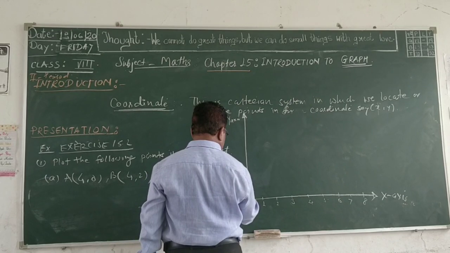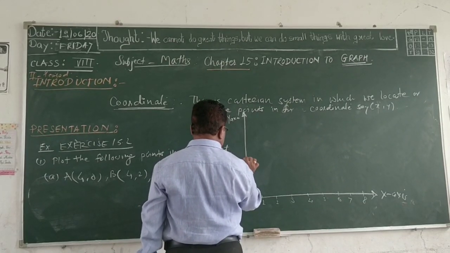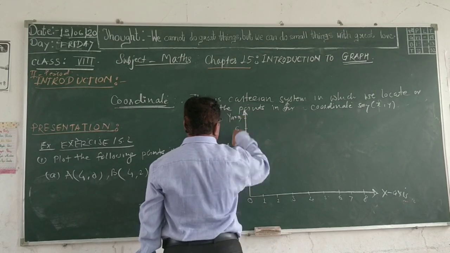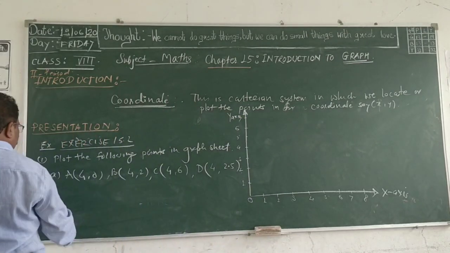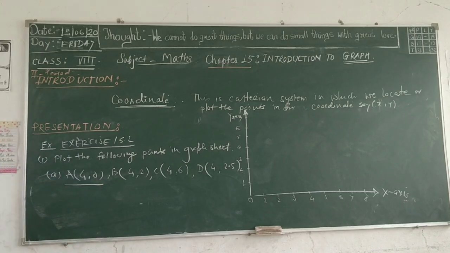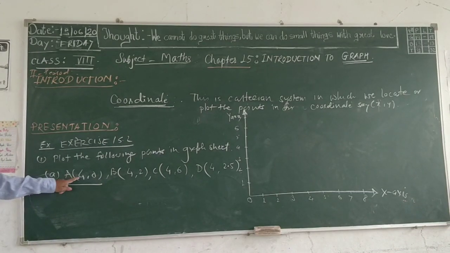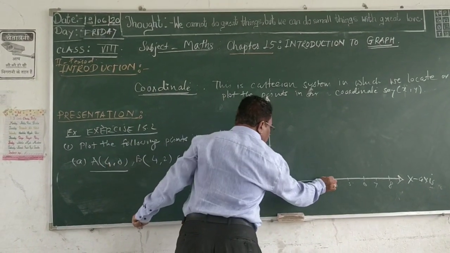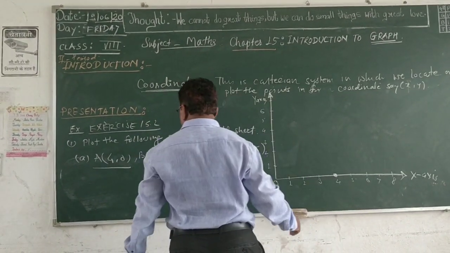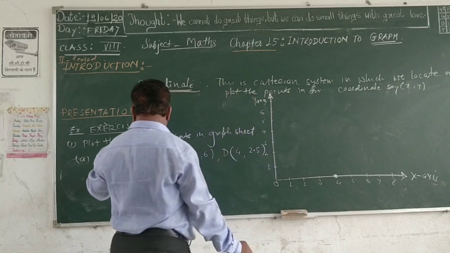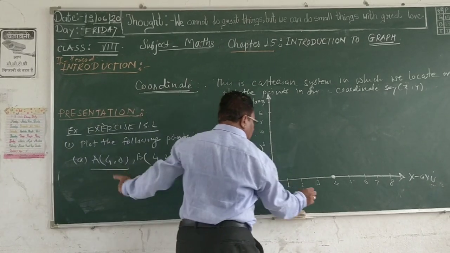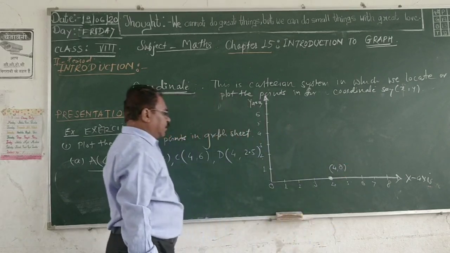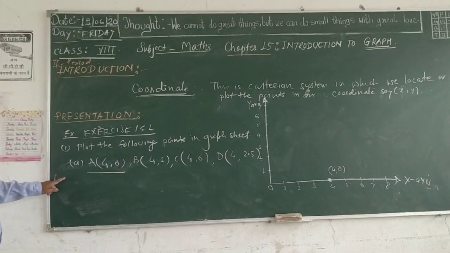Here also 1, 2, 3, 4, 5, 6 and 7. So we have to locate point A on this graph. If x is 4, that is the x-axis distance, from this 4 you draw a perpendicular, and y is 0. So this point is 4, 0.